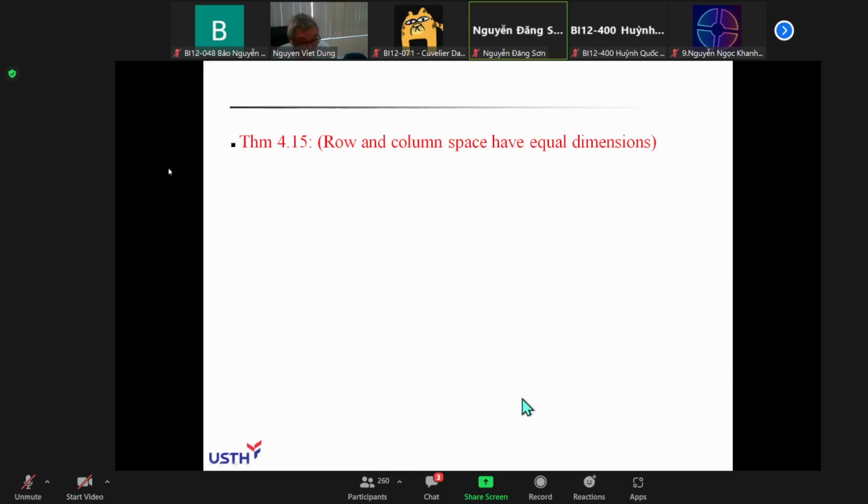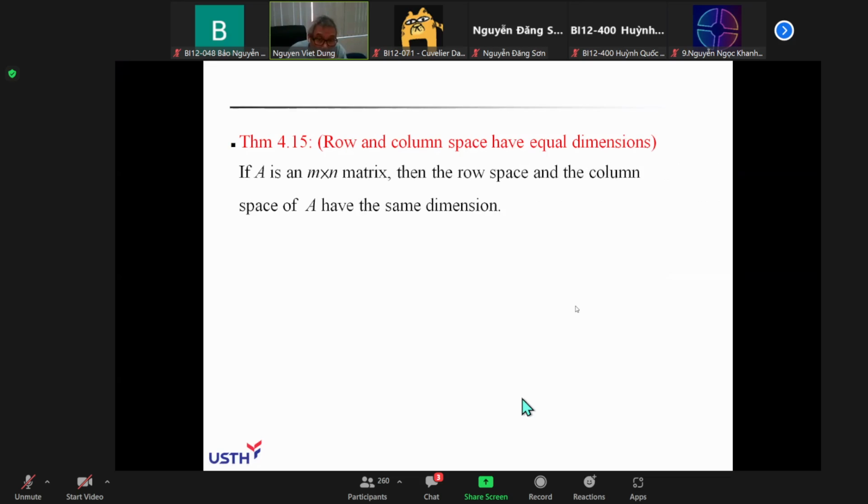Okay. So I just repeat a little part of what I studied before the break. Before the break, we considered column space and row space, and we know that there is one claim saying that if A is any m by n matrix, then the row space and the column space of A always have the same dimension.